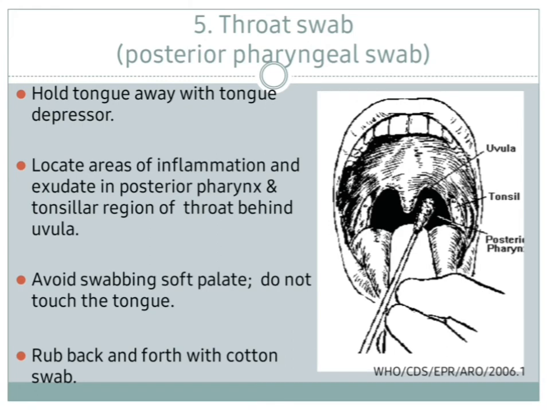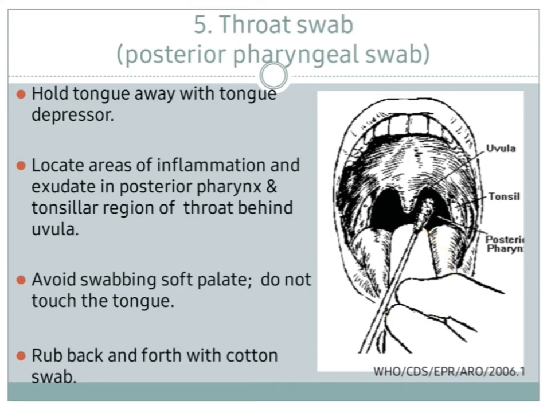5. The throat swab. Sometimes if the patient has tonsillitis and we want to know the causative microorganism of this tonsillitis, we have to take a throat swab. As you can see in the picture, the first step is to hold the tongue away with a tongue depressor.